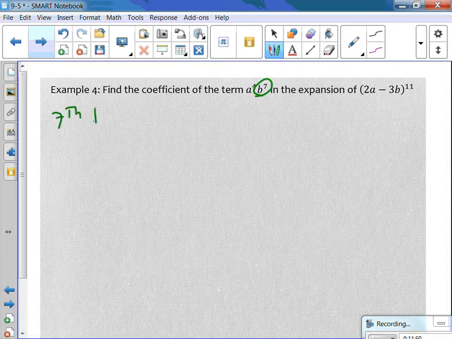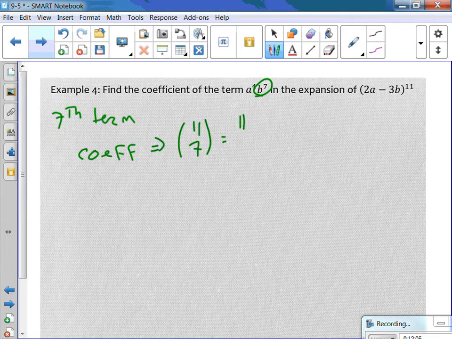And it's expansion to the 11th degree, so our coefficient is 11 choose 7. So 11 factorial over 11 minus 7, so our 11 minus 7 is going to be 4 factorial times 7 factorial.